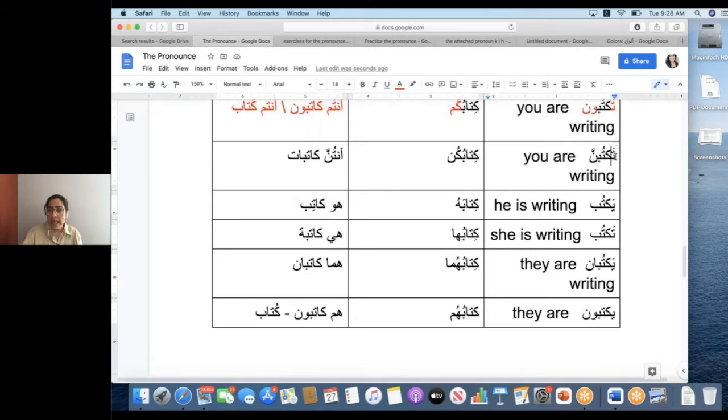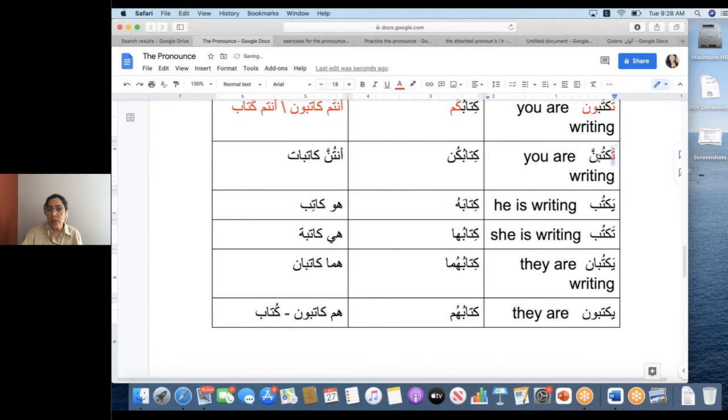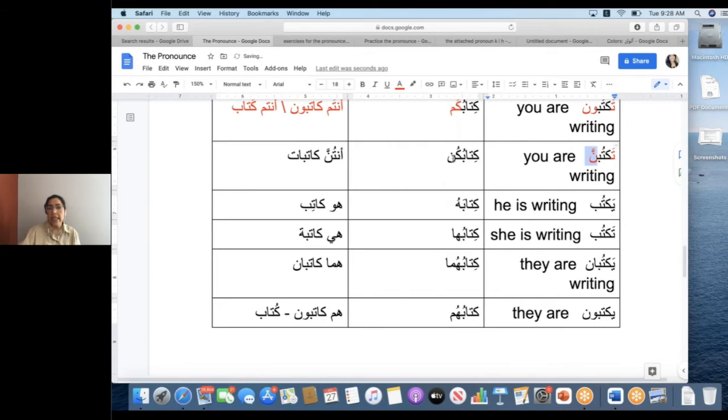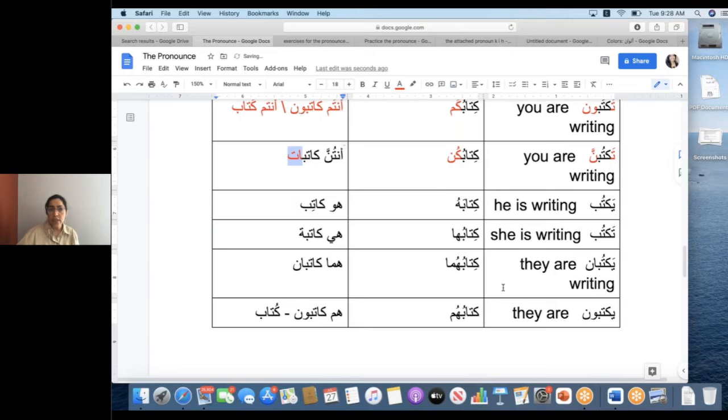So you just add ta at the beginning and you add your noon shadda at the end. And you're gonna add كن at the end of the noun. And أنتن كاتبات, you are writers, because it's a plural feminine.